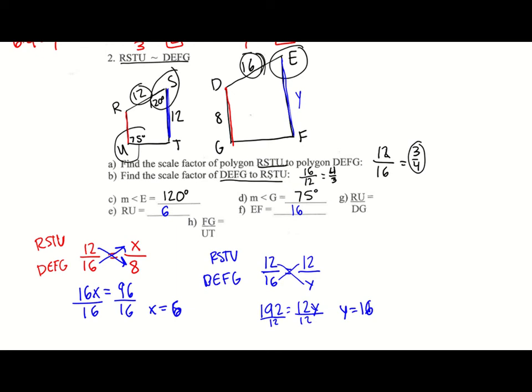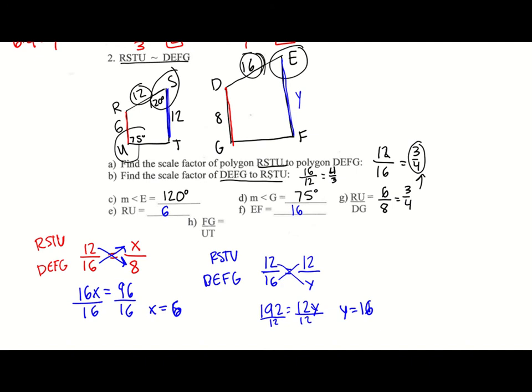These last two questions, G and F, they are asking for the ratio of the RU to DG. Now, we know what those are, RU and DG. They are 6 over 8. And if we simplify that, we get 3/4. Which, if we look up here, that's what we should have gotten.